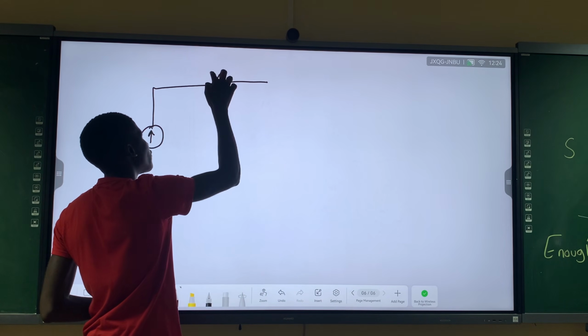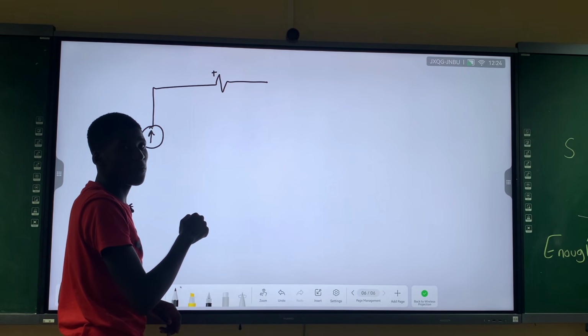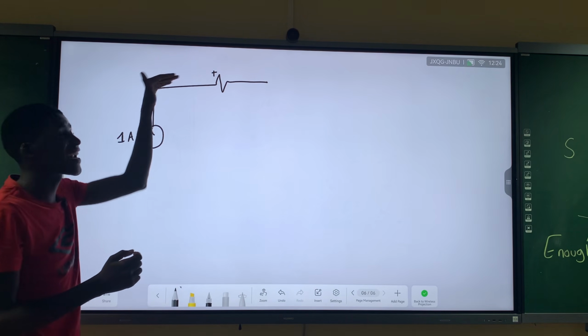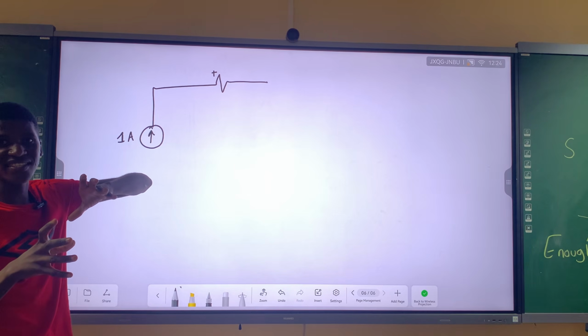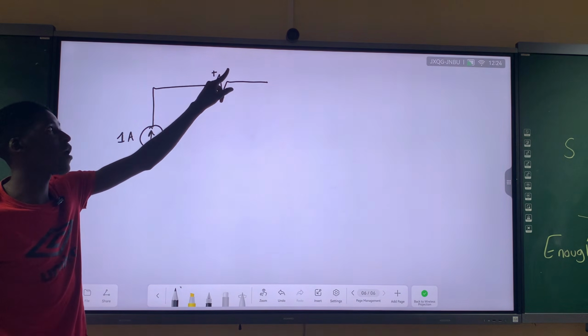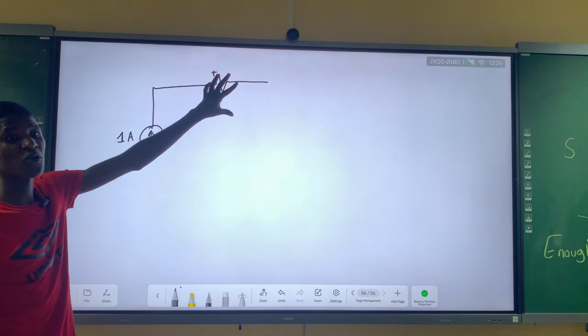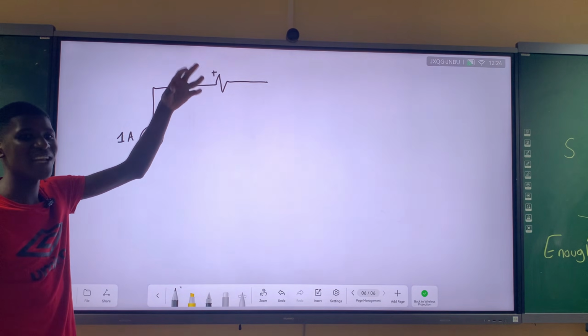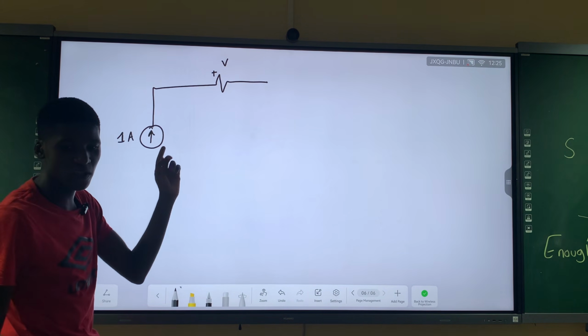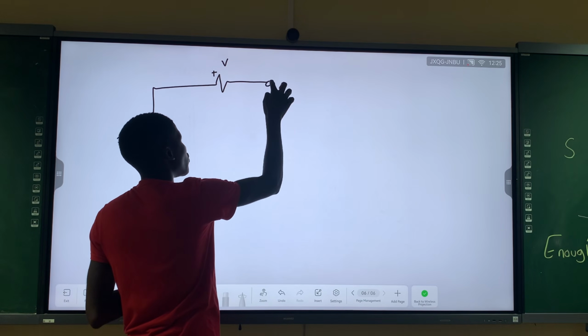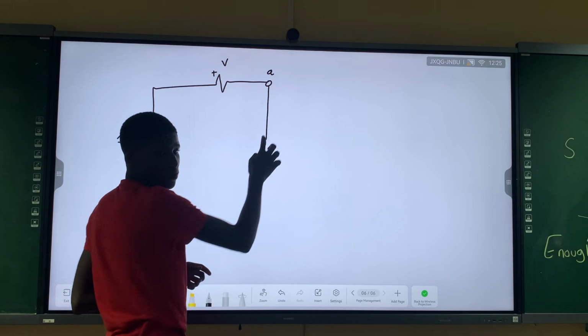Okay, this positive, we see the current enters at the positive terminal when it enters the resistor. So if you take your positive the wrong way, that's going to be a problem. Even in the calculation you're going to see what happens there. So the positive here, and we've got a certain voltage loss there. And then here we get to node A, we have a node A.